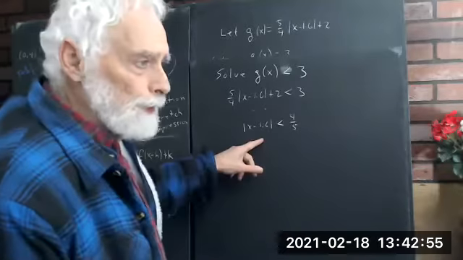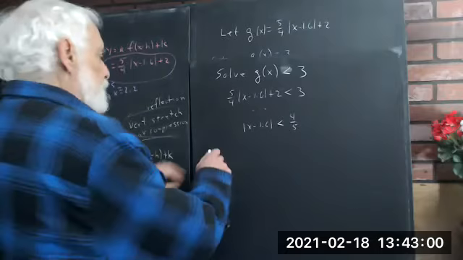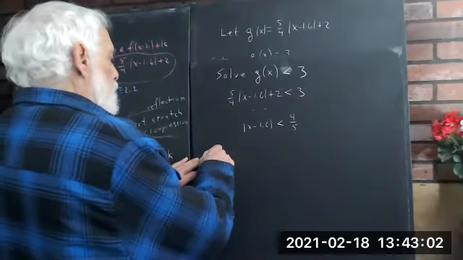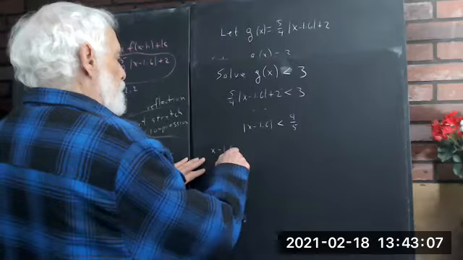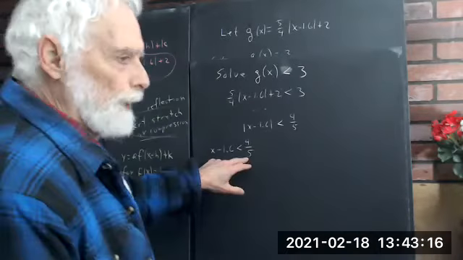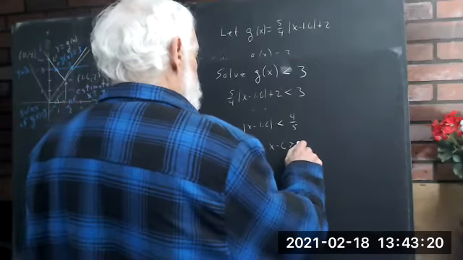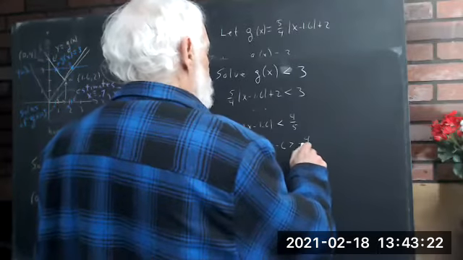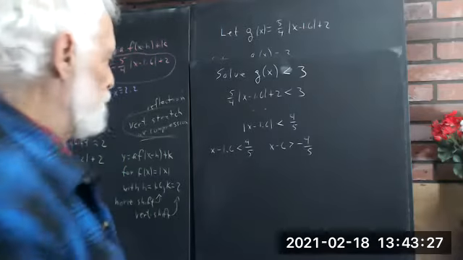Okay, now what's this mean? This either means that, well, it means that x minus 1 point has to be greater than negative 4/5.